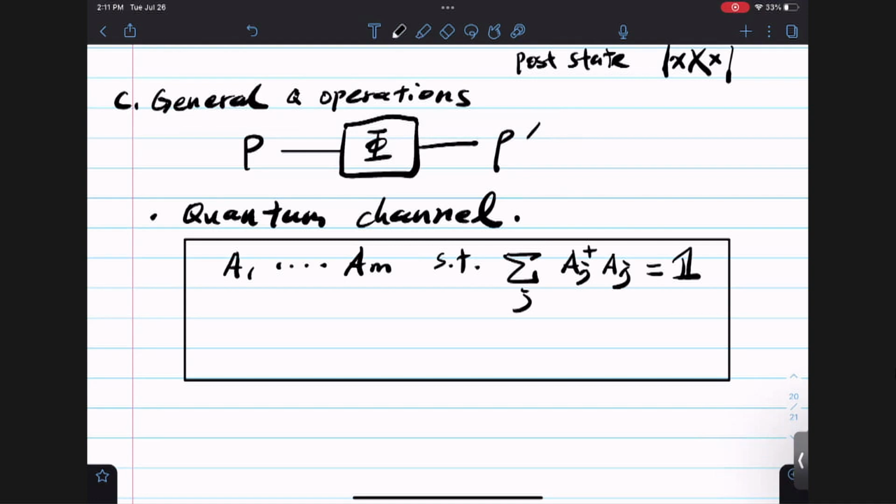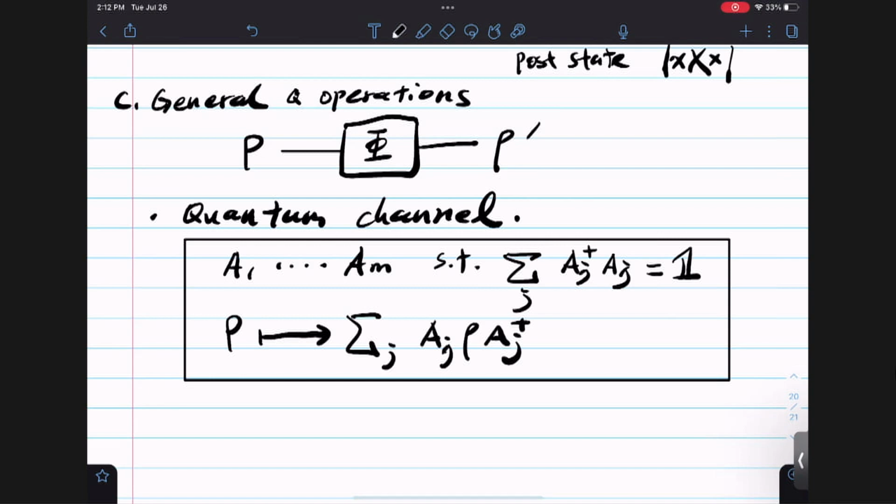From these matrices, we can define an operation: rho will be mapped by conjugating rho with each A_j and then summing over all j. This will be a quantum channel, a mapping from density matrices to density matrices.